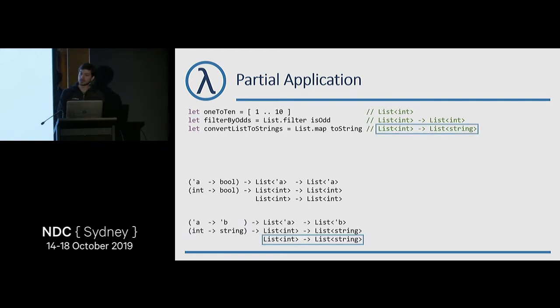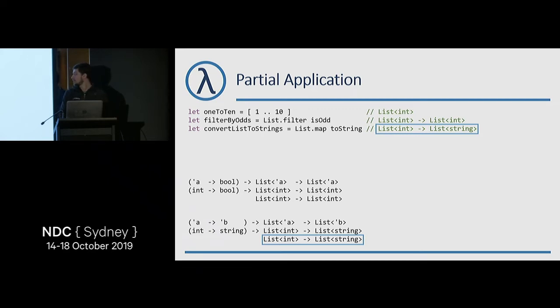So on the bottom of the slide, we can see a type signature. The top line there would be the type signature for map. We can see the first parameter is a function that will convert an a into a b. So that's our mapping function. The second parameter is a list of a's, and it's going to return a list of b's. So it's going to convert each a in the list into a b and return it.